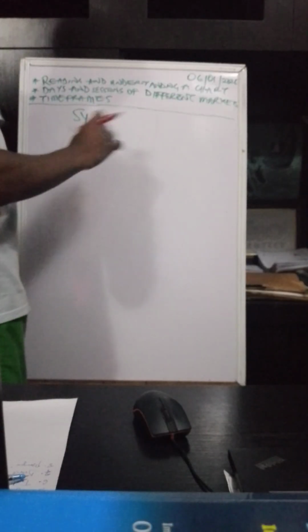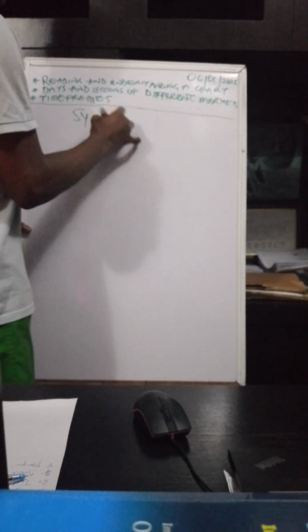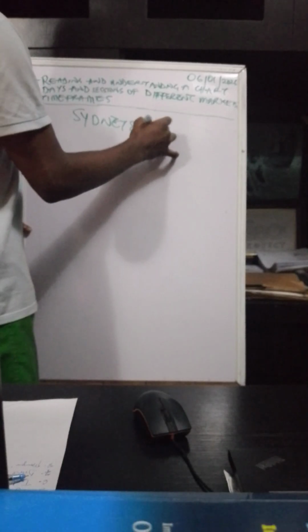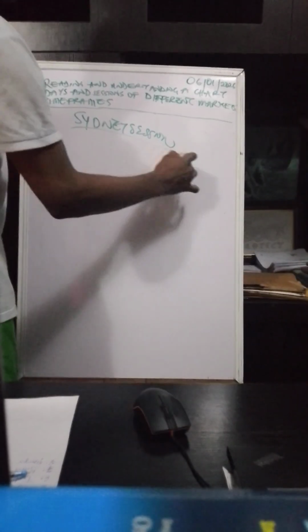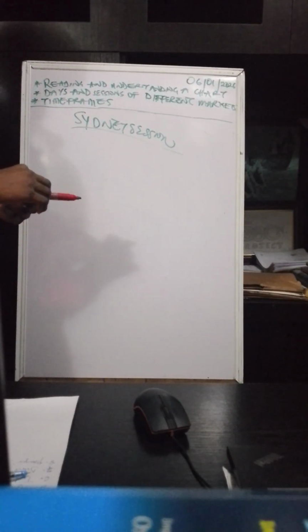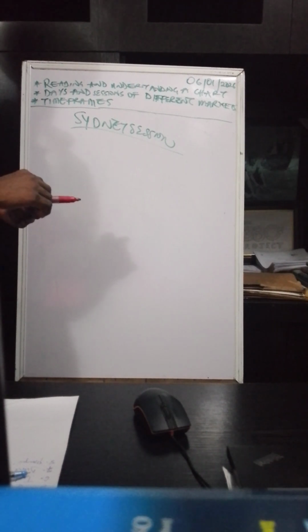So let me give you the different markets and the ones that we trade. There is the Sydney session. These are called sessions. This is where all the markets in the Australia region trade.